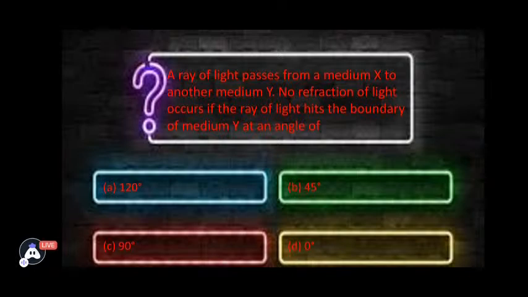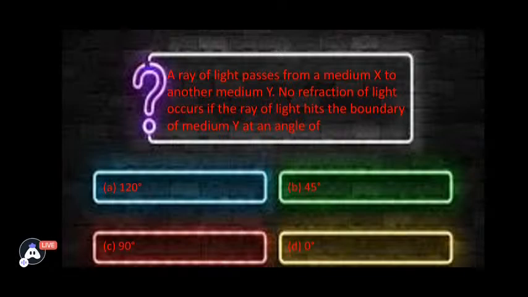We are talking about refraction presently. What must be the angle? Think about it so that no refraction is occurring. Is it 120 degree, 45 degree, 90 degree or 0 degree? What must be the angle of incidence so that no refraction occurs?